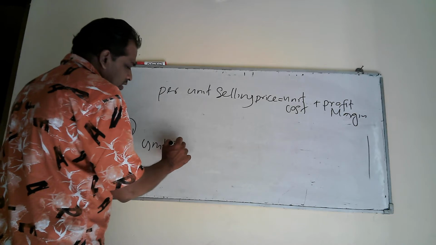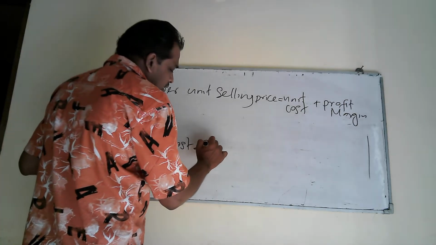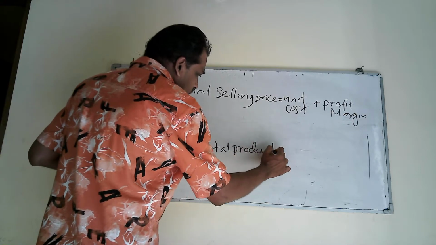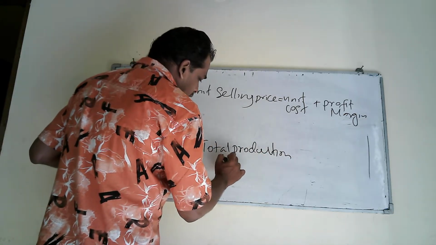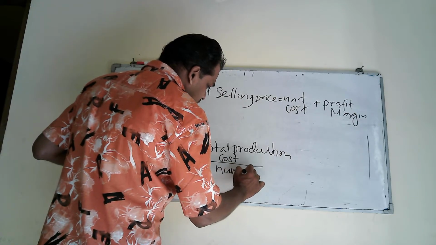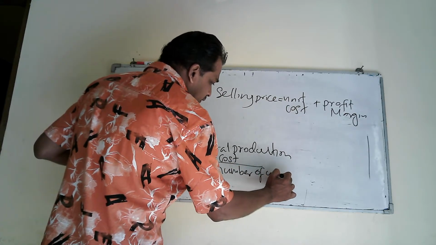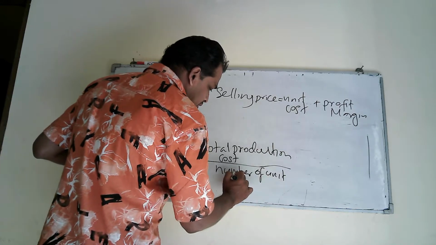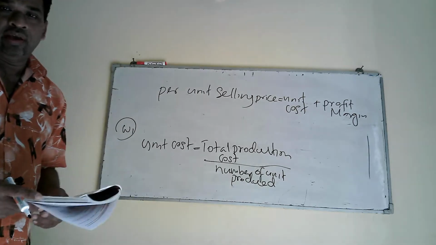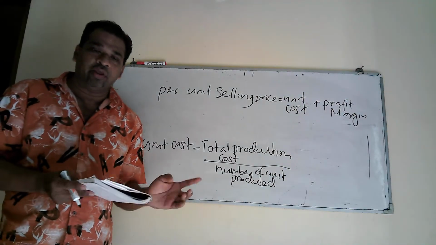Unit cost equals total production cost divided by number of units produced. In the second video, we understood how to calculate unit cost.